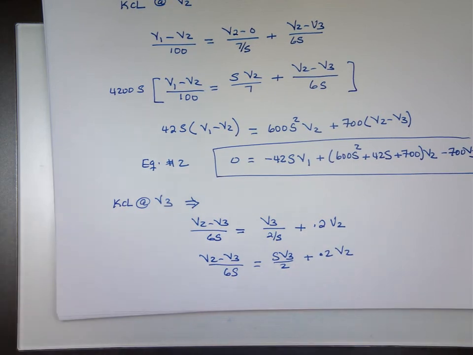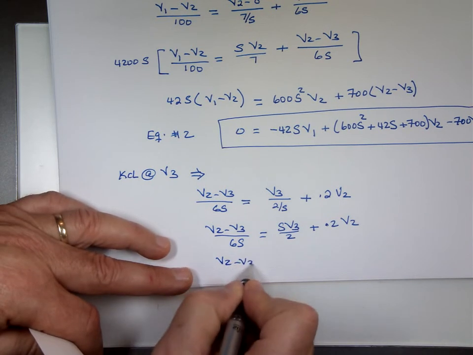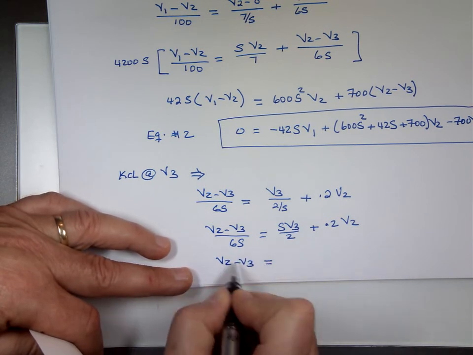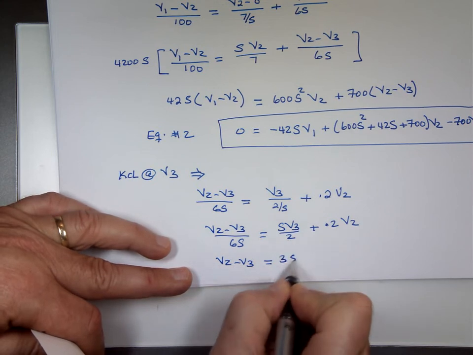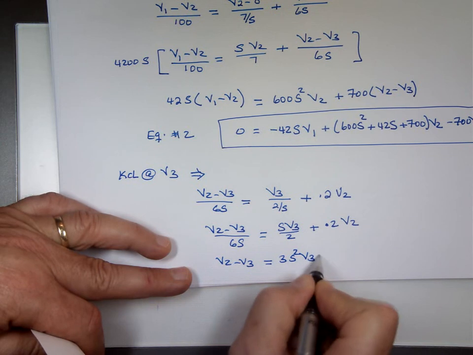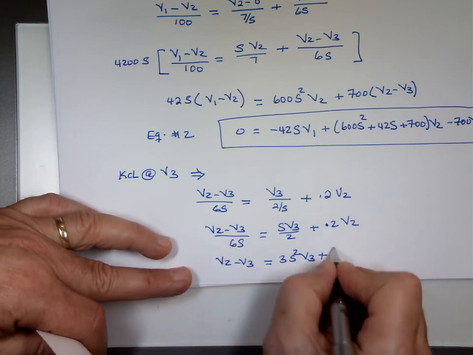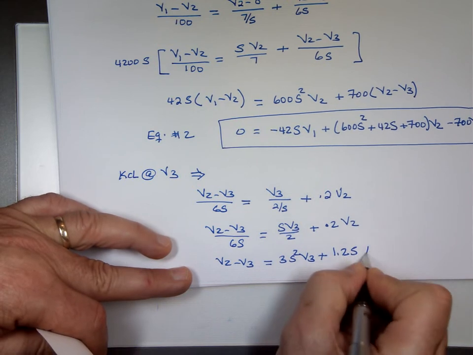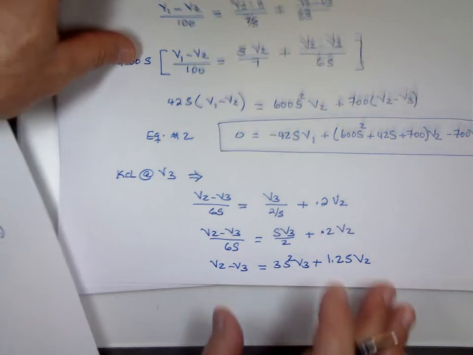V2 minus V3 equals 6S, that's 3S squared, V3, 0.2 times 6, which is what, 1.2? And again, collect like terms. There is no V1.